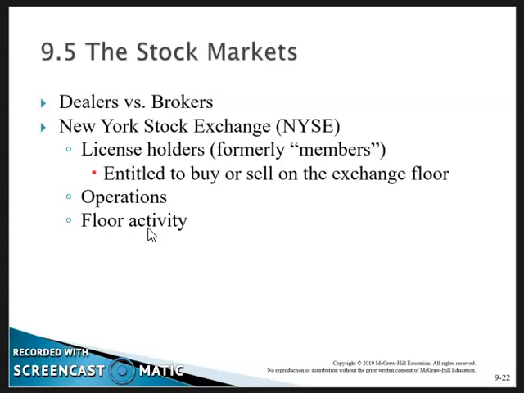Any buy order would be applied to the lowest price available of all the other offers to sell, all the asks, and then sell orders would be applied to the highest bid prices. So it's theoretically a more efficient market.